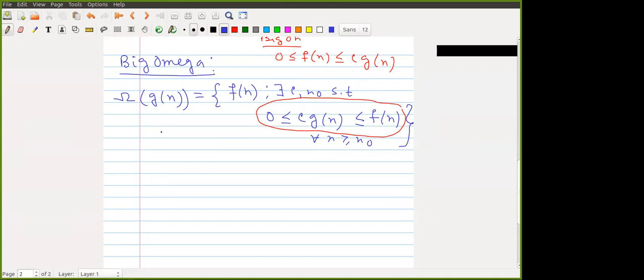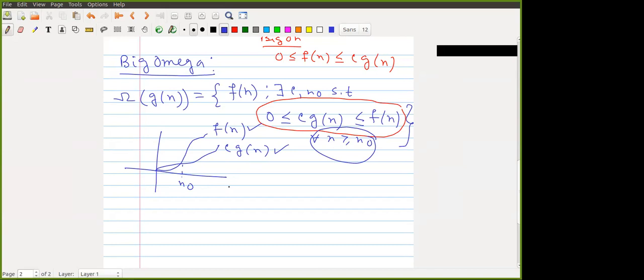If you draw this picture again, this is f(n), this is C g(n), and this is my n naught. As soon as the parameter n reaches the value of n naught, this function dominates this function. In some sense, this is giving me a lower bound.